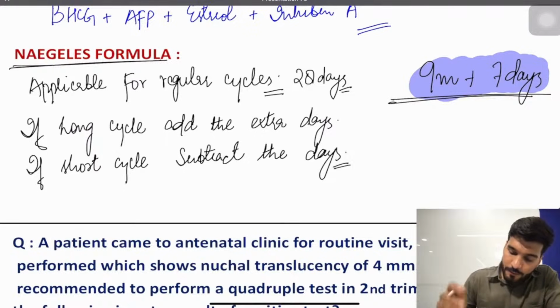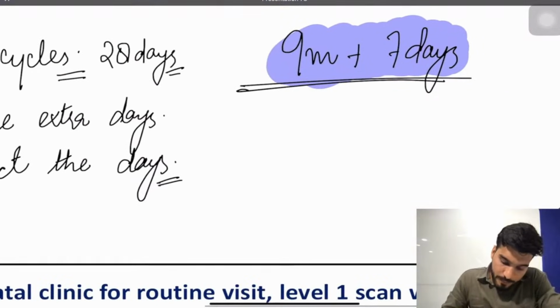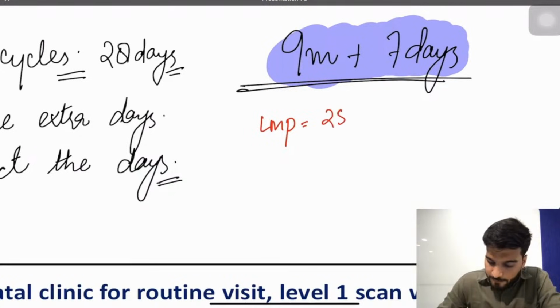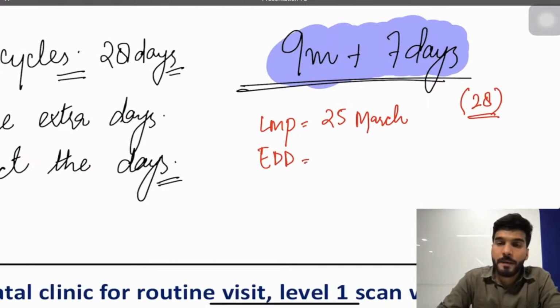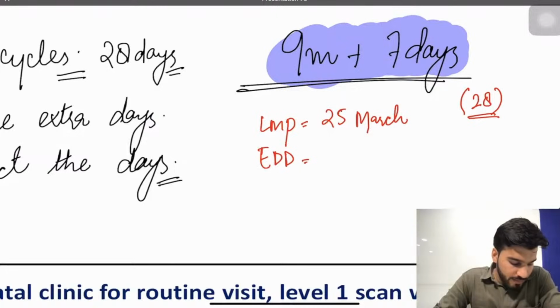For example, if the LMP of 25th March is given, calculate the EDD. The cycle is 28 days. Tell me the answer for this question. By December it will be 9 months.